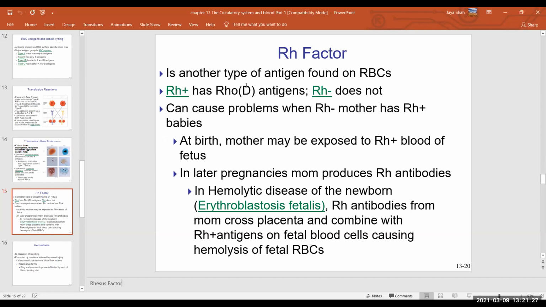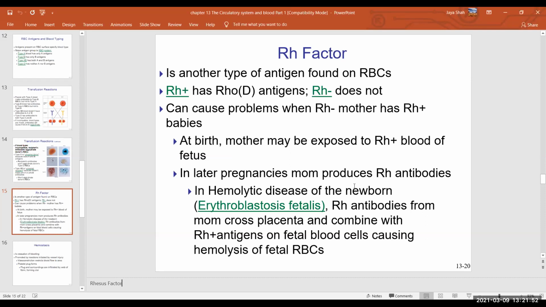So the Rh factor is another type of antigen found on the RBC. This is very minimal information, but I have given you an explanation there. It can cause a problem when there is an Rh negative mother and an Rh positive baby at birth. The mother may be exposed to the Rh positive blood of the fetus. How do they get exposed? Due to miscarriage, abortion, or surgery.